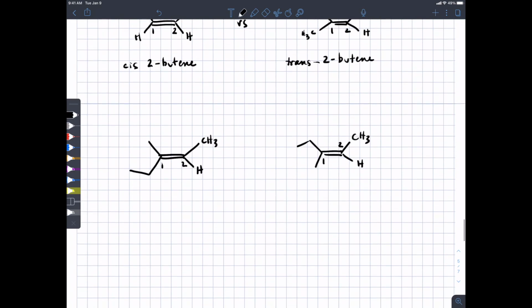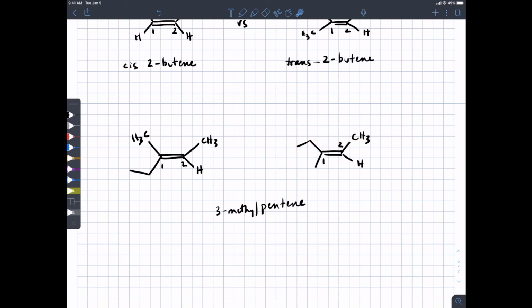Well, if we were going to name this, 1, 2, 3, 4, 5, pentene, it would be 3-methyl in both cases. But how do we describe the fact that in this one, methyl's on the same side as methyl, whereas in the one on the right, methyl's on the same side as that larger ethyl group?